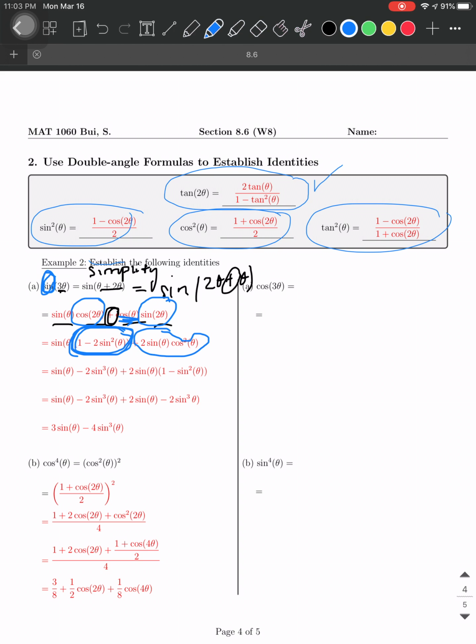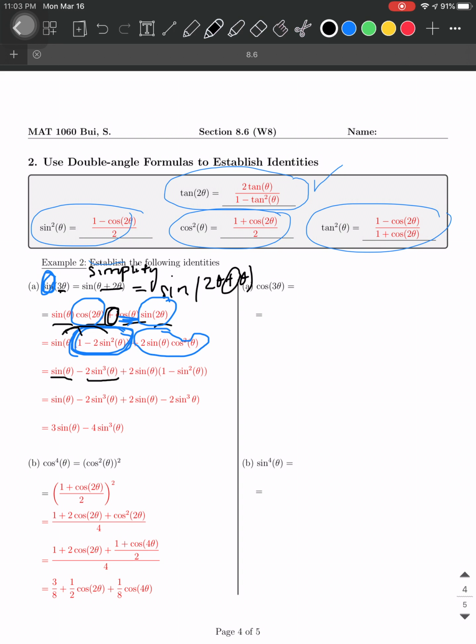According to PEMDAS, whenever we have parentheses, we distribute the thing on the outside into the thing on the inside. So we multiply sin with 1, which gives us sin theta. And also we have sin times negative 2 sin squared. That means we're going to have 3 sines, and that turns out to be negative 2 sin cubed theta.